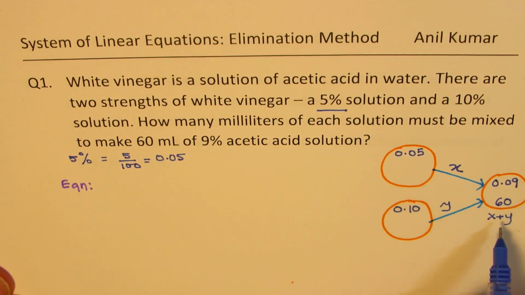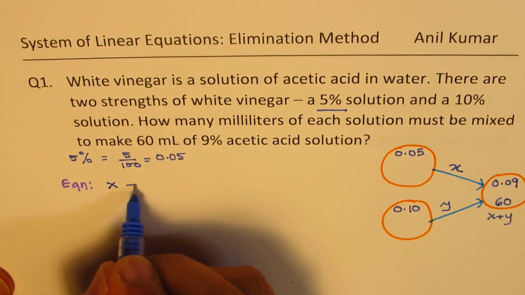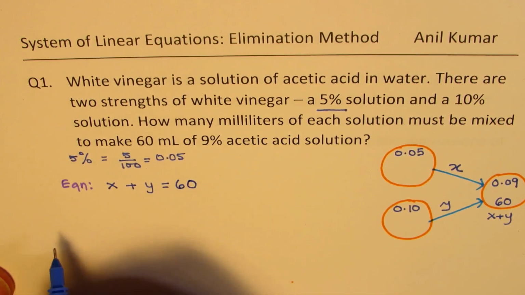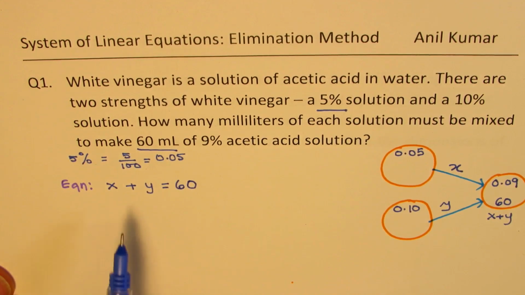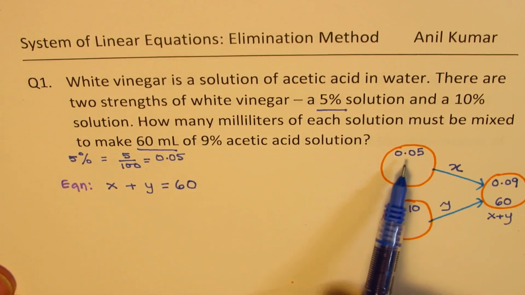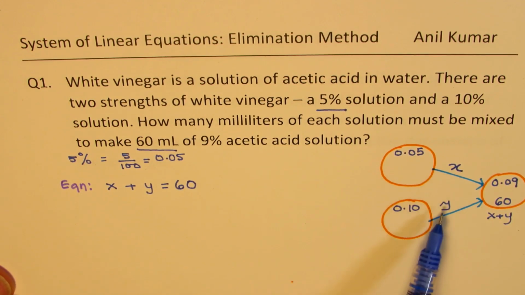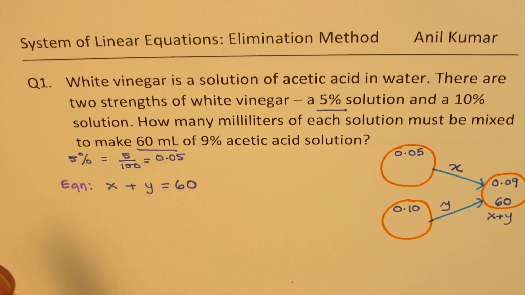Now one equation clearly is that the total amount X plus Y is 60, right? So we get one equation which is X plus Y equals 60, since we want to make 60 milliliters in total. The second one we can get using the strengths. 5% of X, 10% of Y will give us 9% of 60 ml, right?